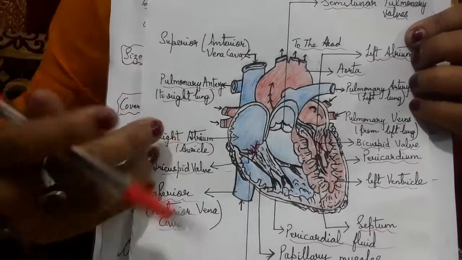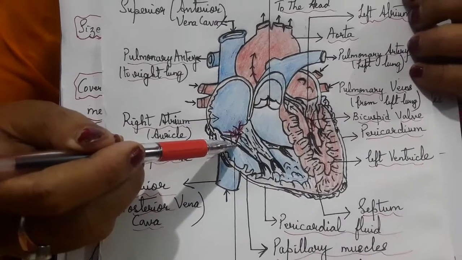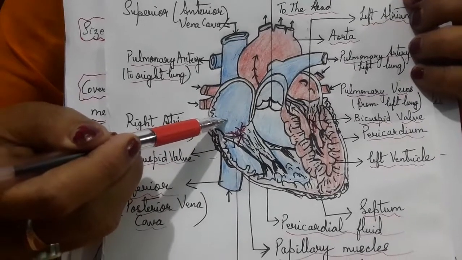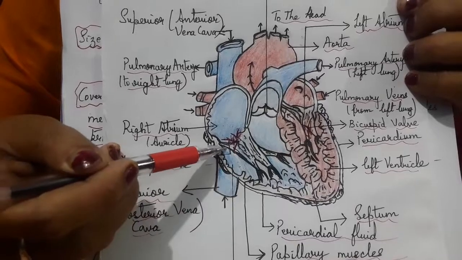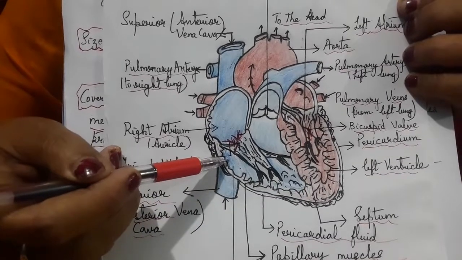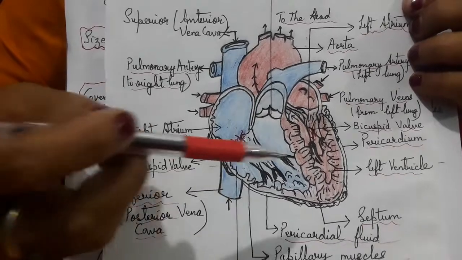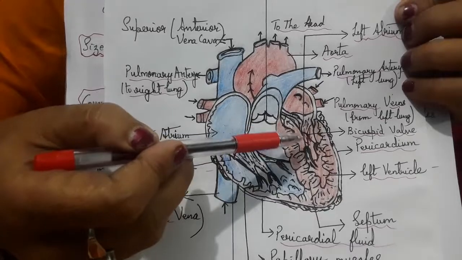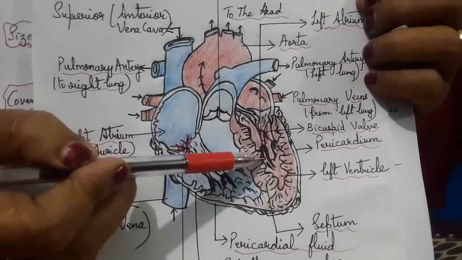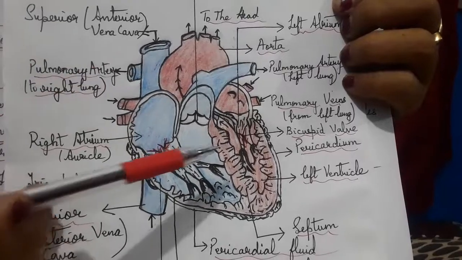As you observe the diagram, you can find that the valve present in between the right atrium and right ventricle is called the tricuspid valve, since it has three flaps, while on the left side the valves have two flaps, therefore they are called bicuspid valves.